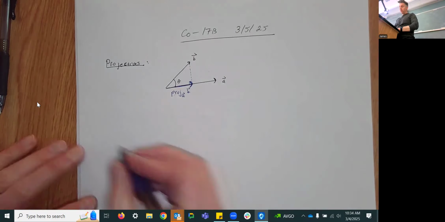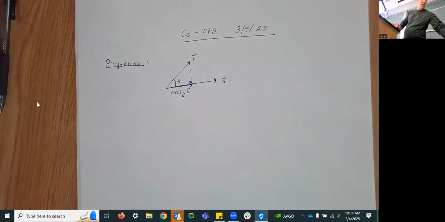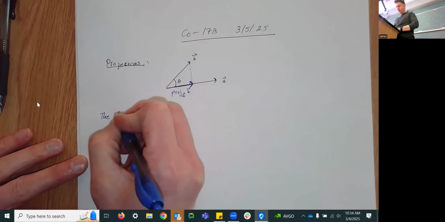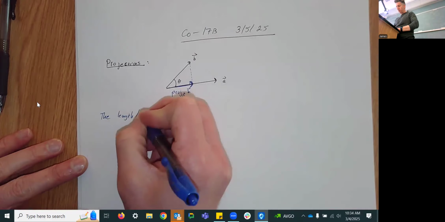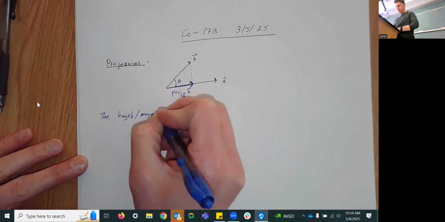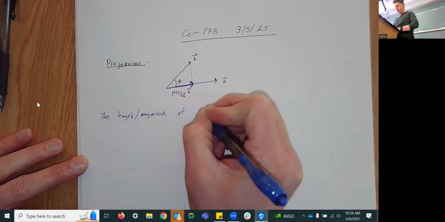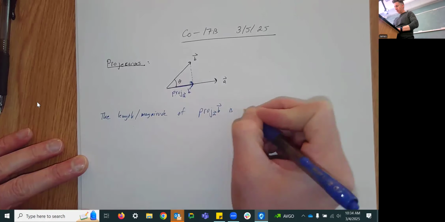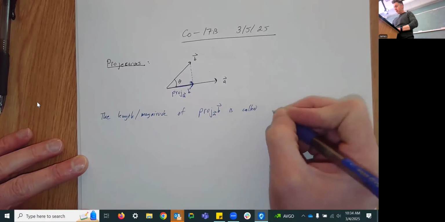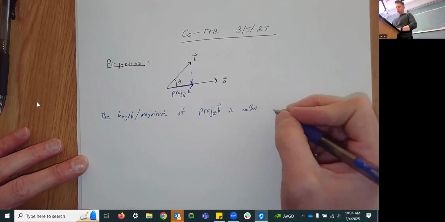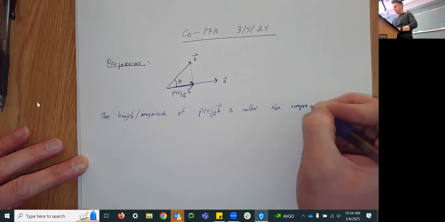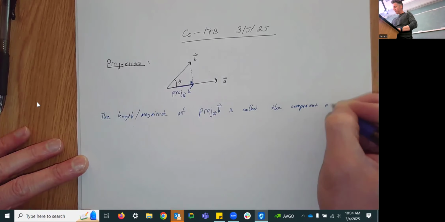To find the length, which I do not love the notation for, the length we call the component of B onto A. So the length, or magnitude, of the projection of B onto A is called the component of B onto A, which again, I do not love this choice of name, but it is what it is.